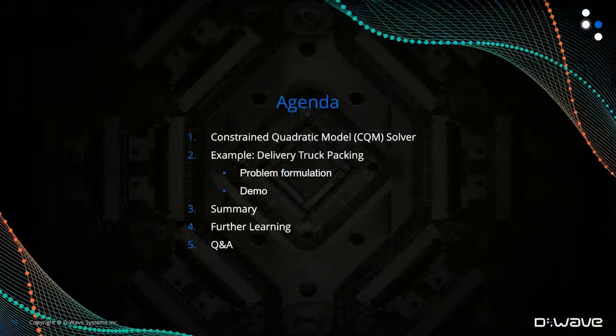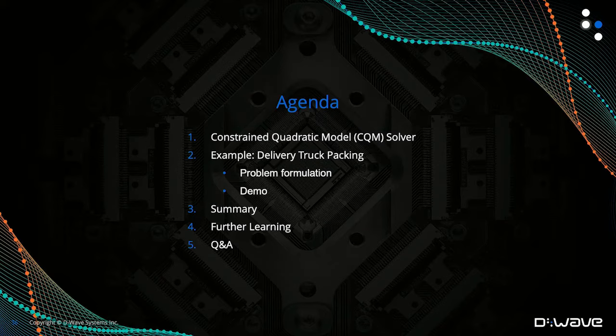Okay. So today, in this tutorial, we're going to take another look at the CQM model and the hybrid solver. I'll give a quick high-level overview so that we're all on the same page about what it is and why we might want to use it. We'll then take a look at an example. I've chosen the delivery truck packing problem, inspired by a customer conversation.